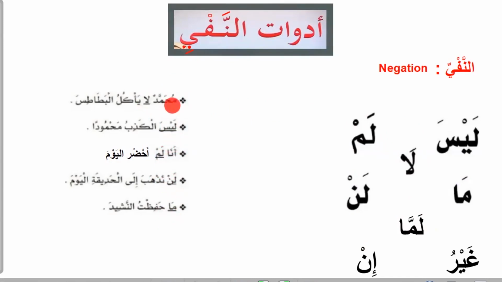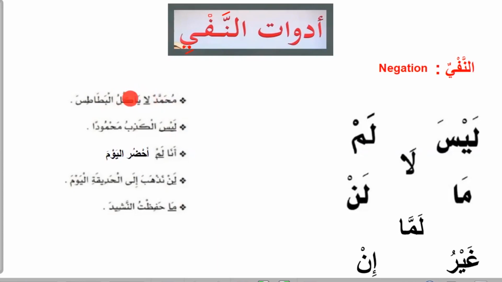So the first one is saying, Muhammadun la ya'kulu batatis. This is just potatoes, Arabization. We just write it in Arabic with the same pronunciation or the same representation, but in Arabic. So Muhammadun la ya'kulu. Ya'kulu means he eats. Okay.